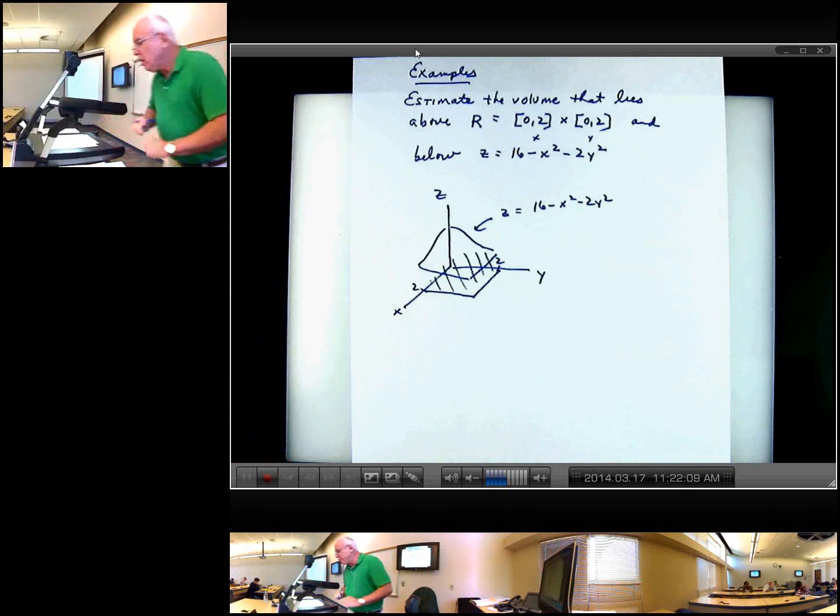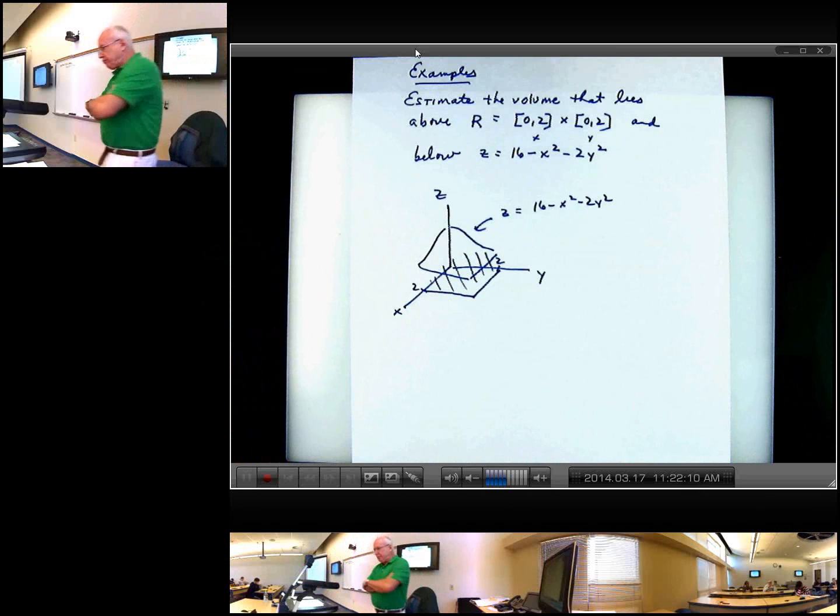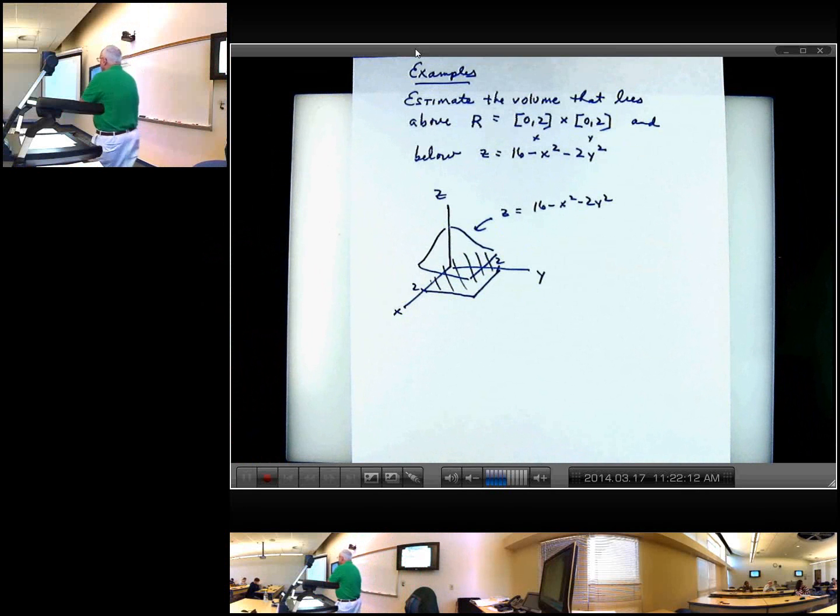All right, so how can we do this? Basically, we're just going to divide up our rectangle, in this case, into only 4 sub-rectangles.